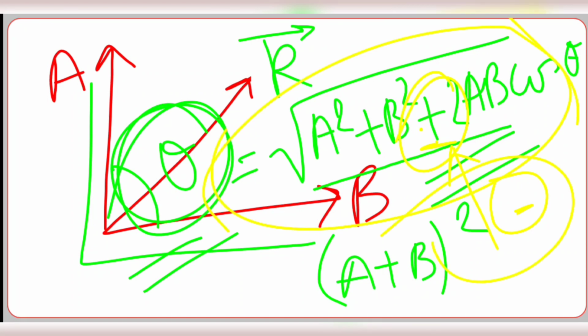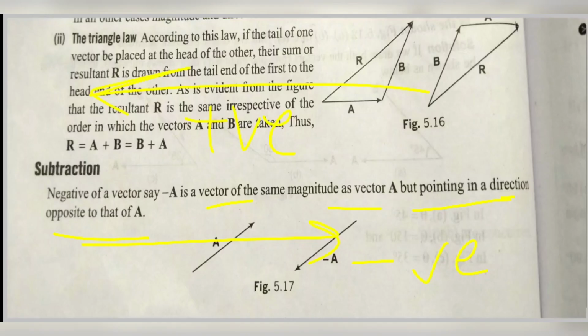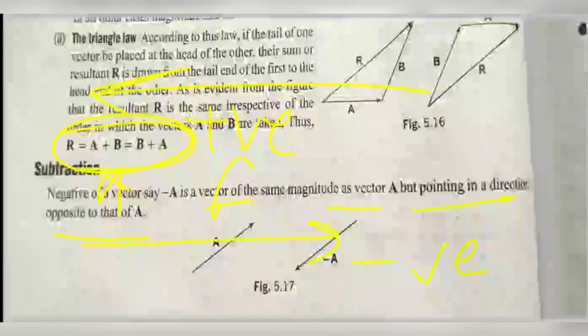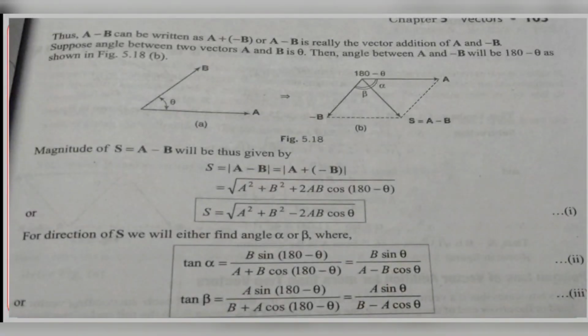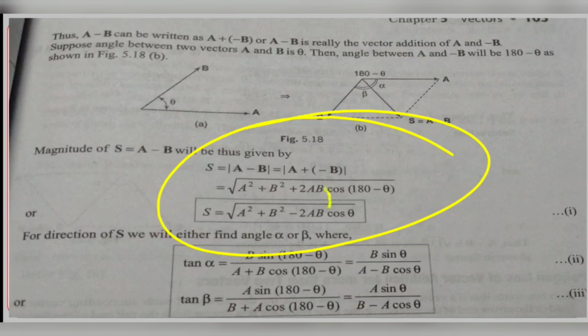In the same way, with the triangle law, when it's subtraction, we give the sign to be minus, a minus b. You can see here, we just did the minus.